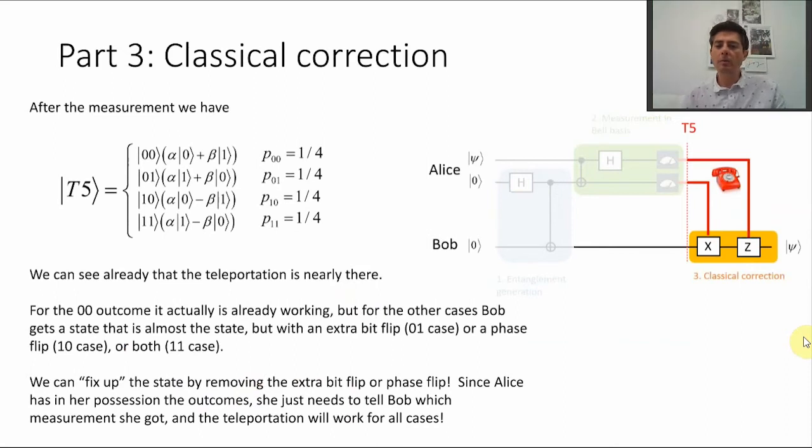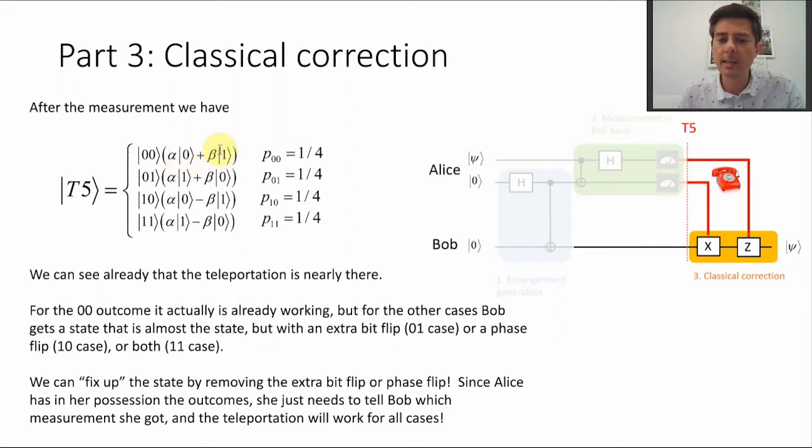So what we actually notice already is that it actually looks nearly like we are there already with the teleportation, but just not quite. So for example, let's look at this first outcome here. So in the case that Alice gets 0, 0, then Bob actually has the state alpha 0 plus beta 1.